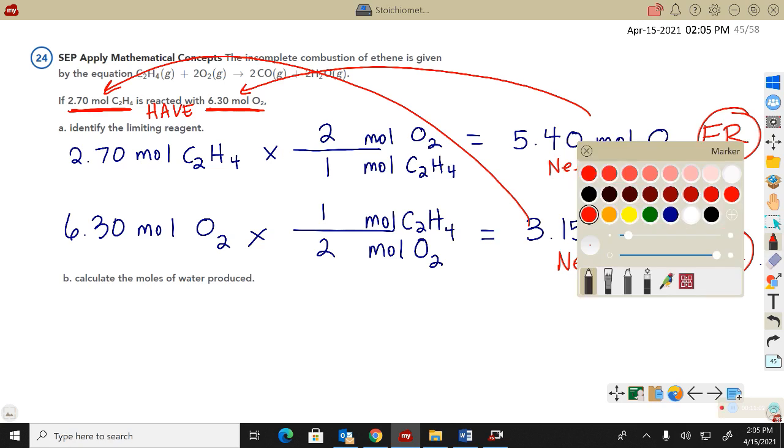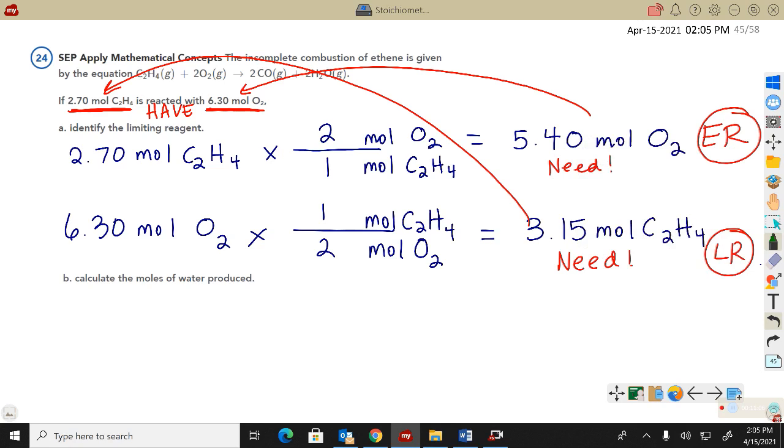So the amount of water formed is dependent on the limiting reactant. I can't make any more H2O if I run out of the reactant that includes the hydrogen. This is my limiting, and this was my excess. So it's the limiting reactant, woo, lots of arrows, that'll determine how much product is formed.